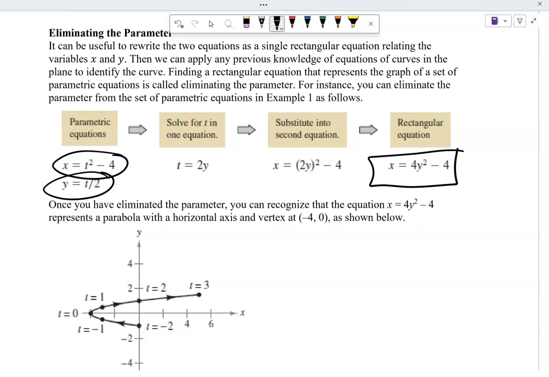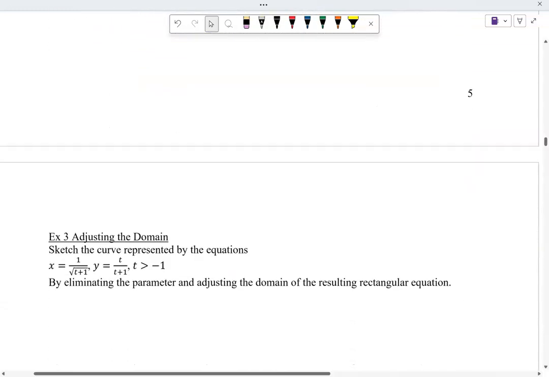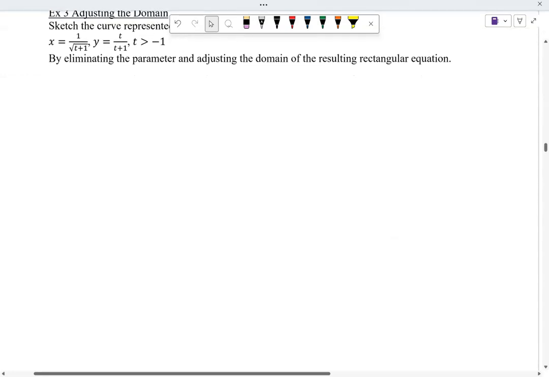We'll go ahead and practice doing that. And of course, this is a parabola that opens to the right, as we did in that very first example. So let's go ahead and do another one, and we'll adjust the domain on this one as well. But we'll eliminate the parameter as well.